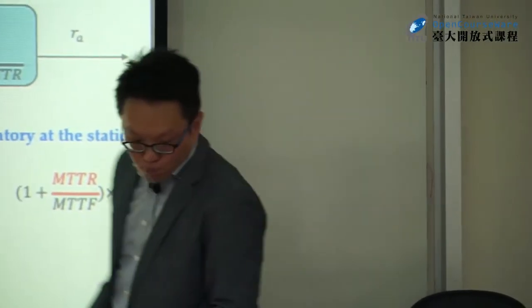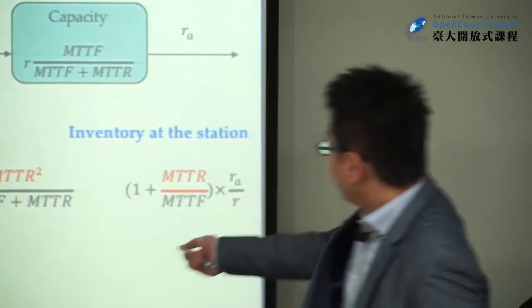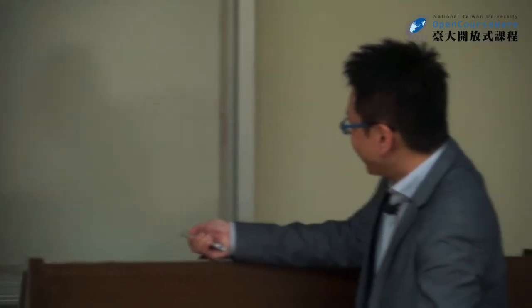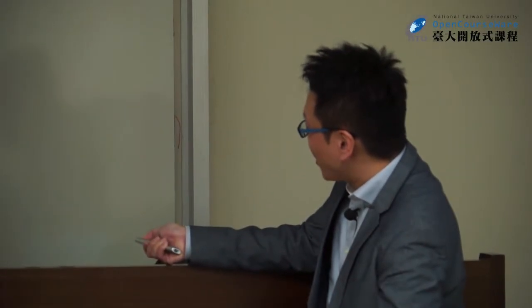So interestingly, if MTTR is bigger, the queue inventory gets larger. And as MTTR gets bigger, inventory on the machine also gets higher. So mean time to repair, how fast you repair: if your repair is very slow, you have more working capital stuck in your production line. You lose a lot of money. Can you see this?